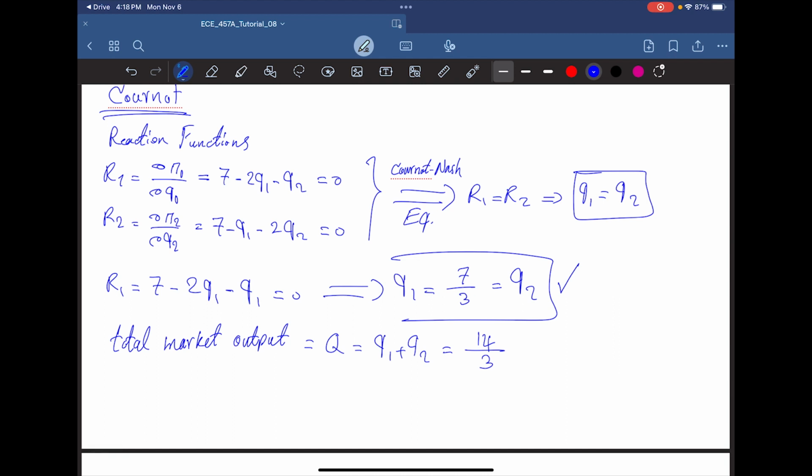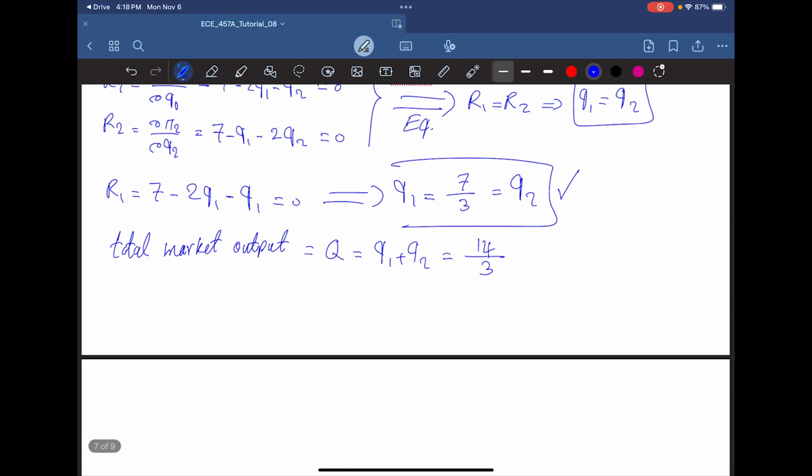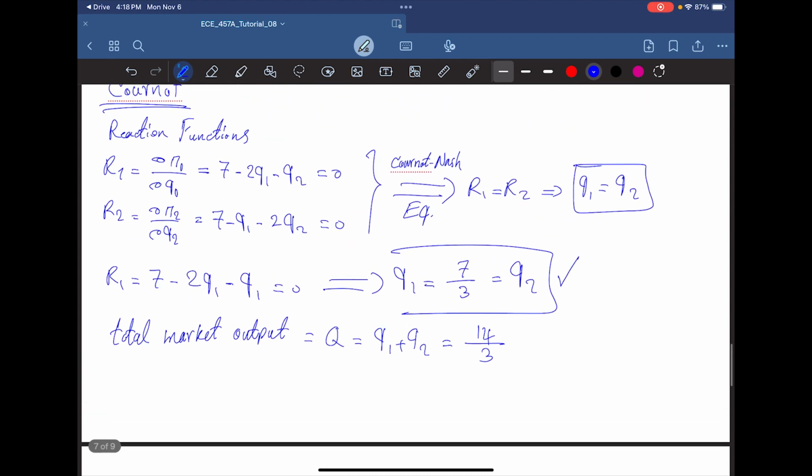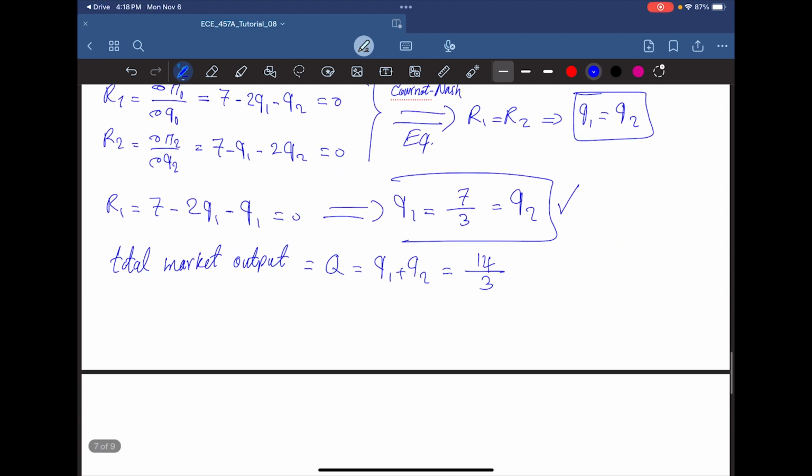All right. Now let's go and solve this problem with Stackelberg competition. So the payoffs are the same. We only need to find the leader and the follower. Stackelberg.